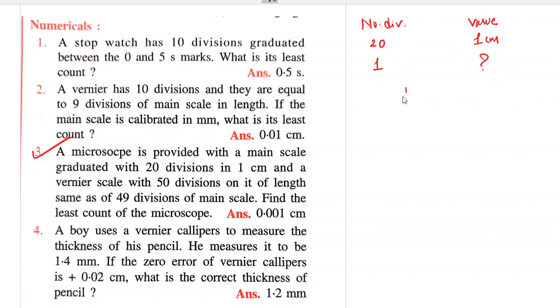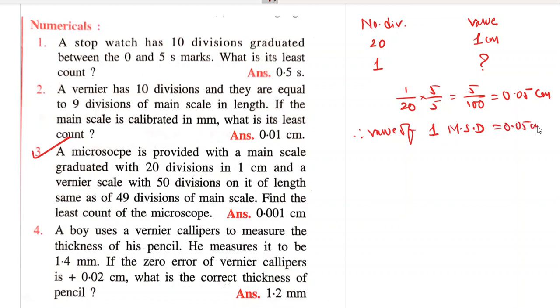That we can find out. That will be 1 by 20, which is 5 by 100, which is 0.05 centimeter. Right, 0.05 centimeter is the value of one main scale division. Therefore, value of one main scale division is equal to 0.05 centimeter or 0.5 millimeter. Both are the same thing.